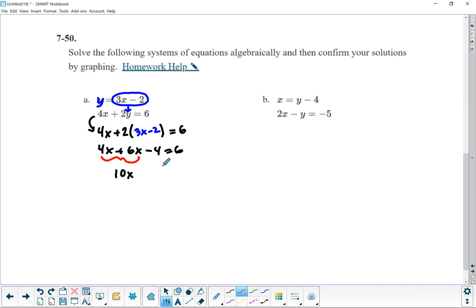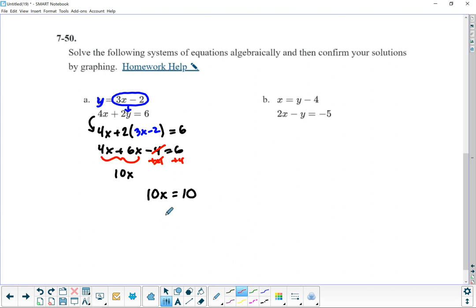And then I'm going to add 4 over, because the opposite of negative 4 is positive 4. And add 4. So I will get 10x equals 10.